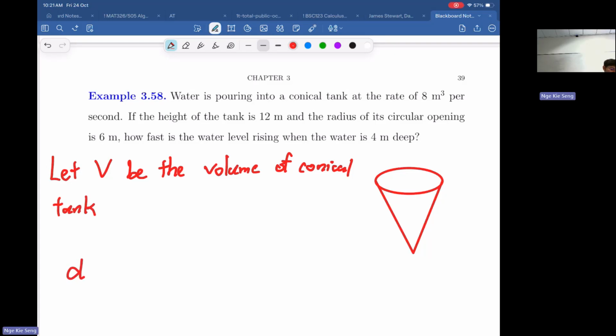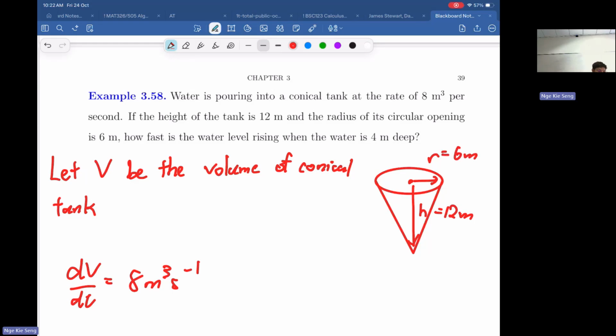Then the question gives you dV over dt is 8 meters cubed per second. Then you have a height. There's a radius here, and similarly there's a height here. The height is 12 meters, and the radius of its circular opening is 6 meters.